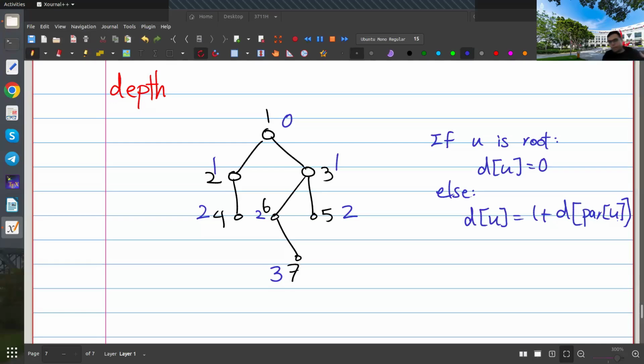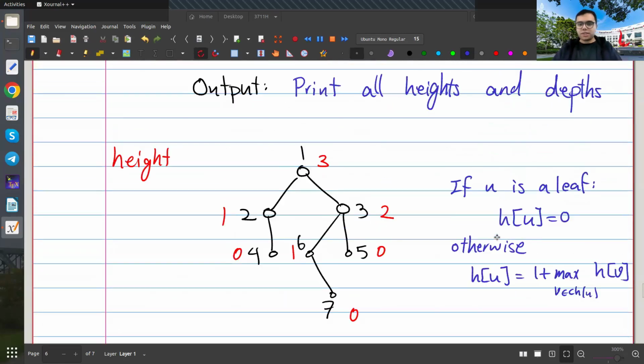So now, again, if you look at this as dynamic programming, I have subproblems. I have a subproblem for each one of my vertices. And when I'm finding the answer for u, I need to already know the answer for the parent of u. So I have to order my vertices from the top of the tree down. So if I want to calculate all the depths, I'm going to start at the top of my tree and I'm going to go down and just use this formula.